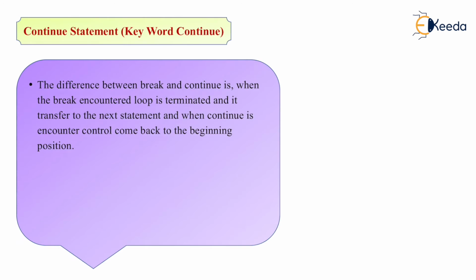The difference between break and continue is that when the break is encountered, the loop gets terminated and control is transferred to the next statement. But when the continue is encountered, the control comes back to the beginning of the loop.